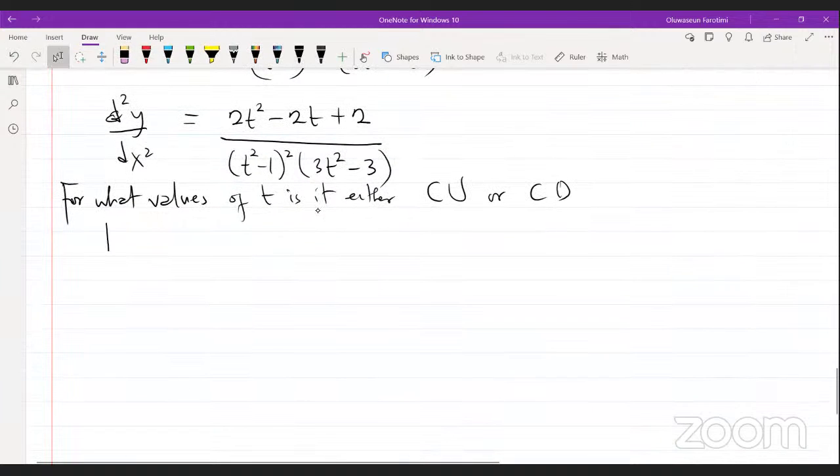Remember, what is the condition for concave up? This guy has to be strictly positive. What values of t are going to make these guys positive? Okay, so that's what we really need to think about.